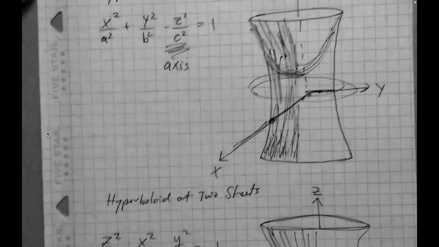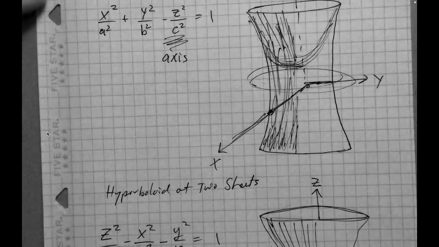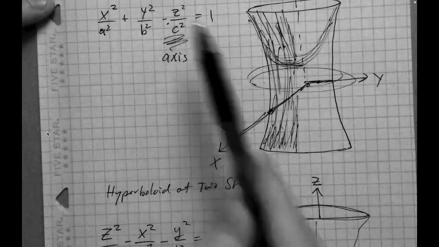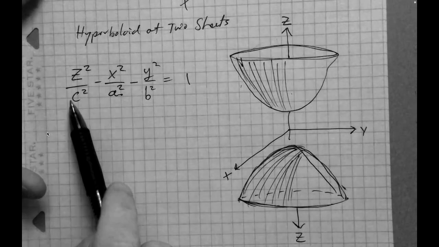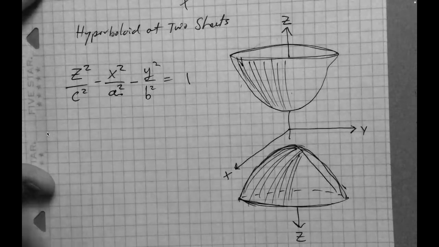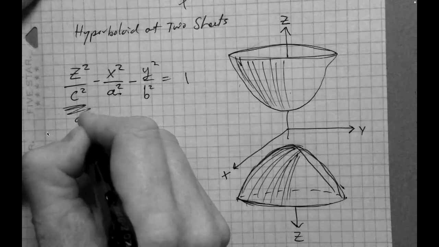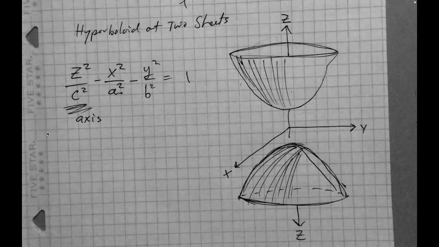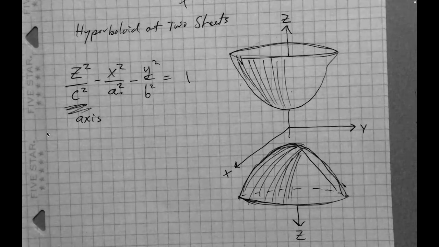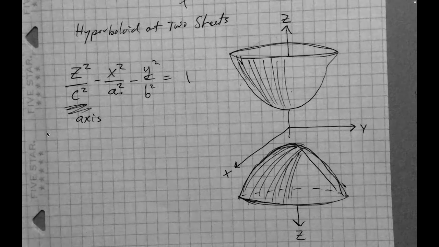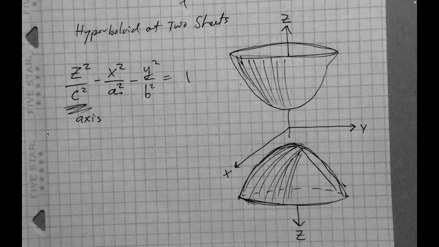So the equation is different. Here you had z as negative, and the other two were positive. And here you have z as positive, and the other two are negative. And so the axis is going to correspond to the variable with the positive coefficient in the case of the two-sheet hyperboloid.